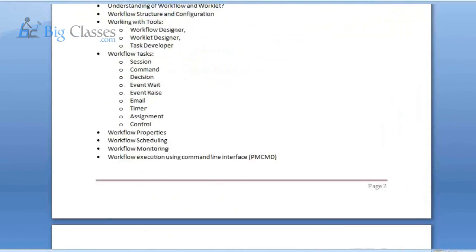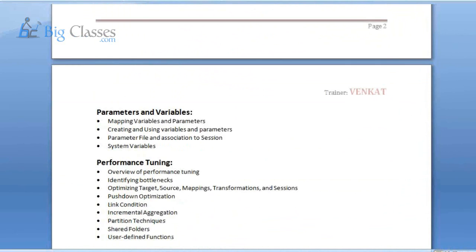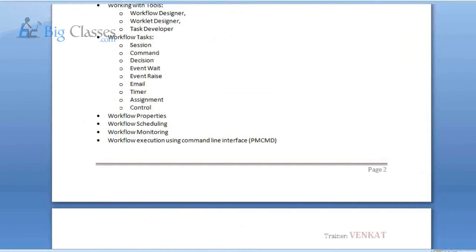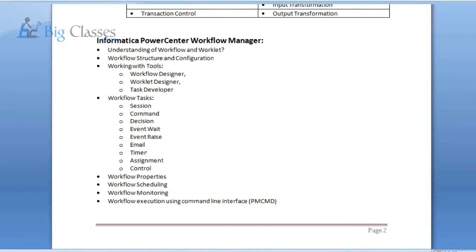Different kinds of transformations, different properties and performance tuning. What are the different kinds of dimension activities we do? Admin related activities like migration of the ETL programs, installation and configuration of the services, taking the backup, how you are going to schedule in the scheduling tools, how you are going to restore, and what the different phases are in the software development lifecycle.